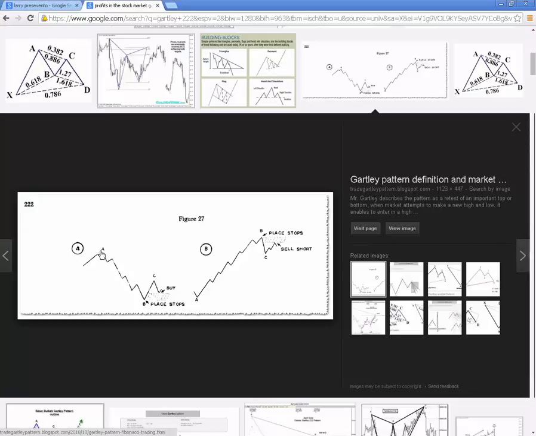So the Gartley pattern was the original pattern that came into play. And if you see here, the way he drew this pattern, somebody took it and started developing ratios, which you have Larry Pesavento, you have Bryce Gilmore, you have the pioneers of the industry that went ahead and did this.